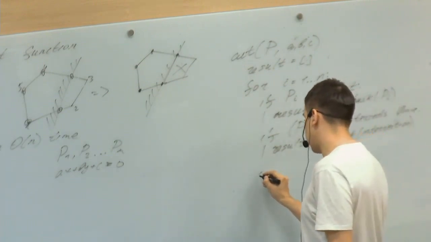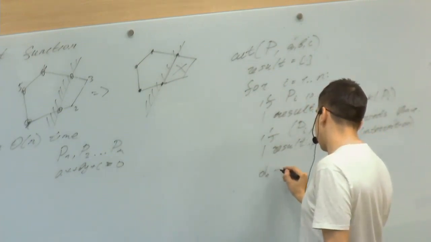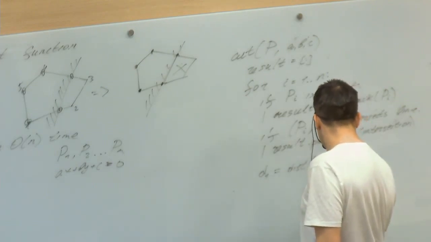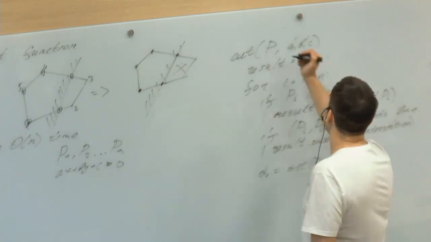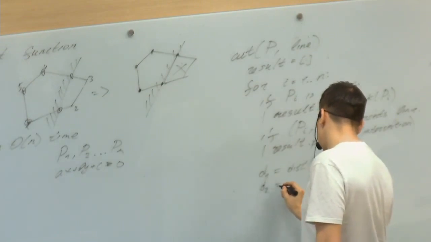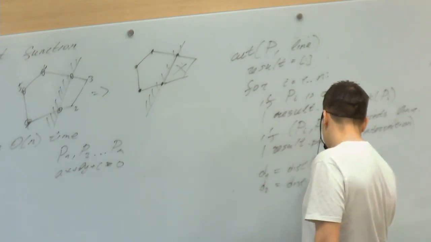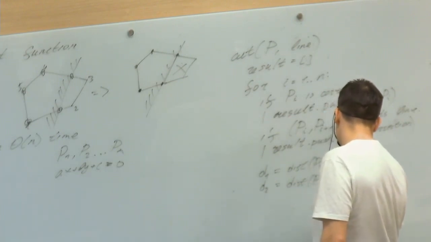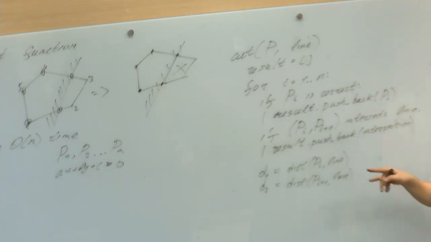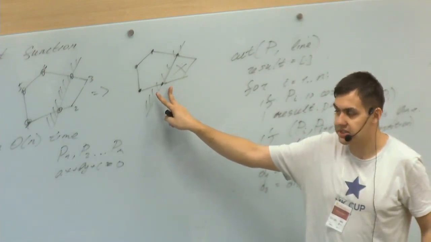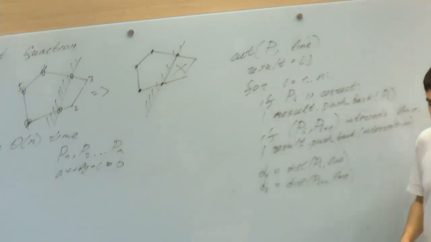So if d1 is the signed distance from pi to the line, and d2 is the signed distance from pi plus 1 to the line, then the fact that this segment intersects the line is equivalent to these two having different signs.